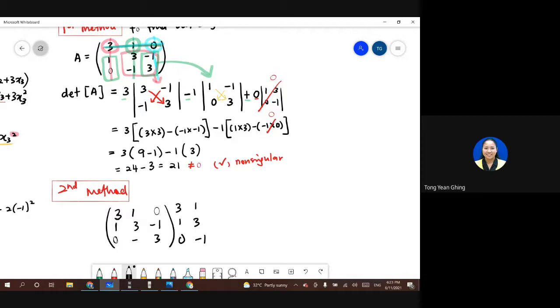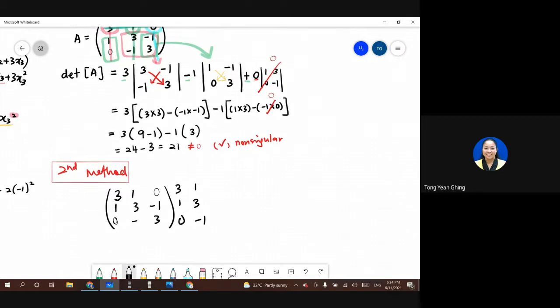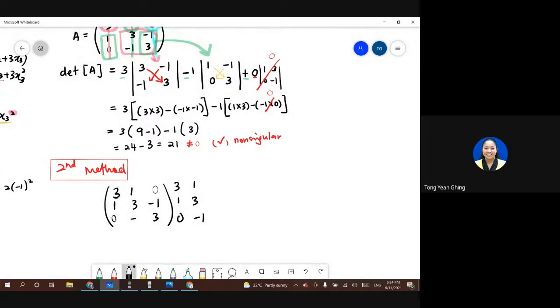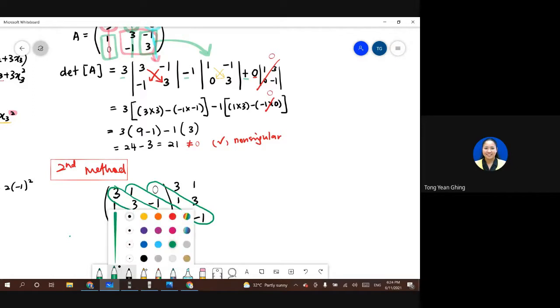So now I will use these diagonal lines, and I will do the multiplication amongst the values along each one.